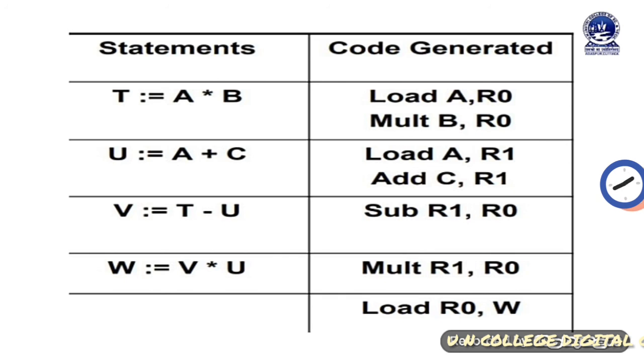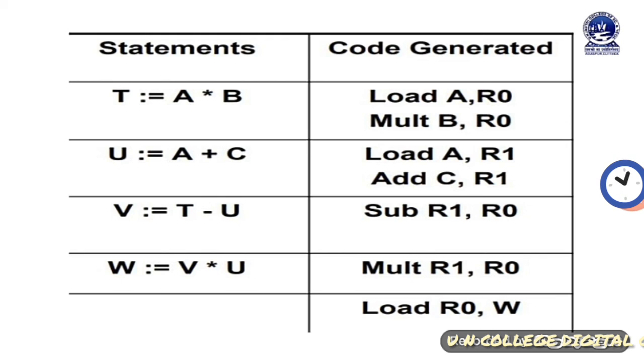Here sub r1 comma r0. The first result, a into b, is already in the register r0. Then the next result, a plus c, is with r1. So if we subtract r1 comma r0, then we will get the third output.